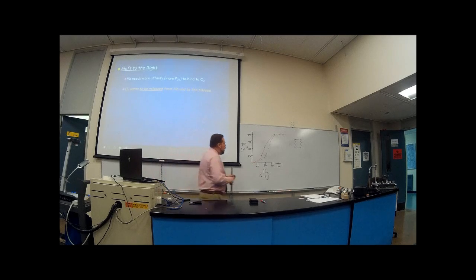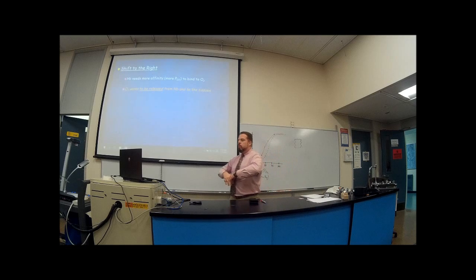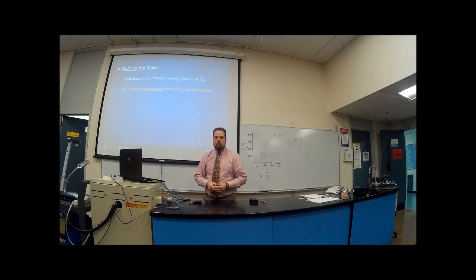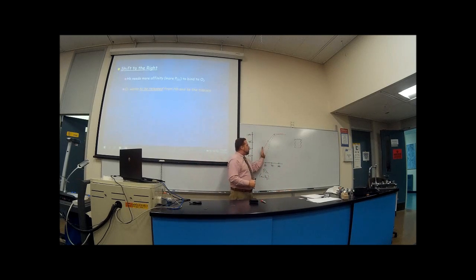Otherwise, if we have a shift to the right, oxygen is going to come off, because it's a weak magnet. Does that make sense? Okay? So if there's a shift to the right, oxygen wants to get released from the hemoglobin. It's much easier for the oxygen to fall off the hemoglobin if there's a shift to the right.